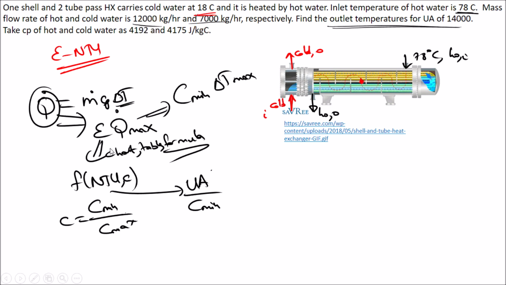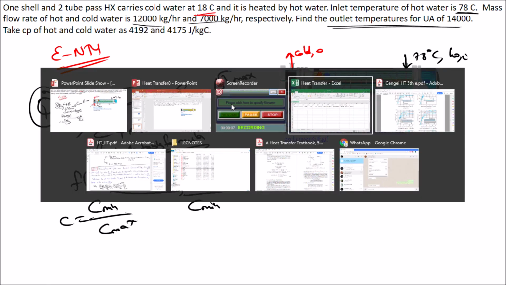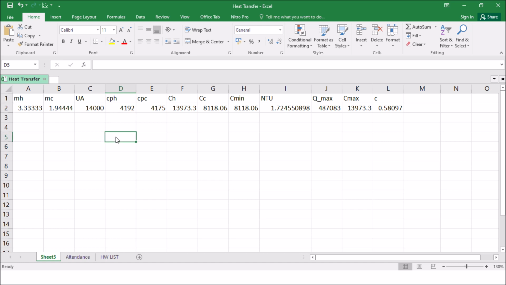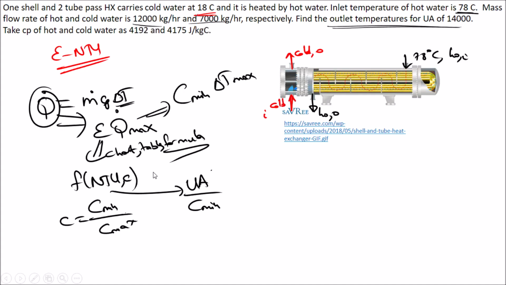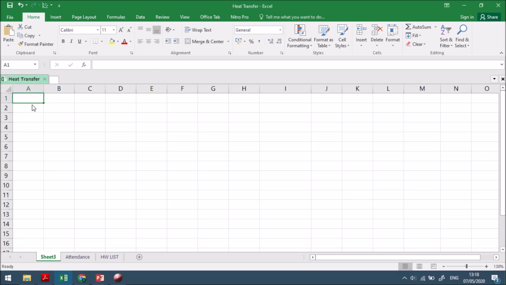Let's solve the problem now. Firstly, let's write the values in Excel. We have T cold inlet, which is 18, T hot inlet, which is 78, and the mass flow rate of hot, which is 12,000 divided by 3,600 to make it SI units.